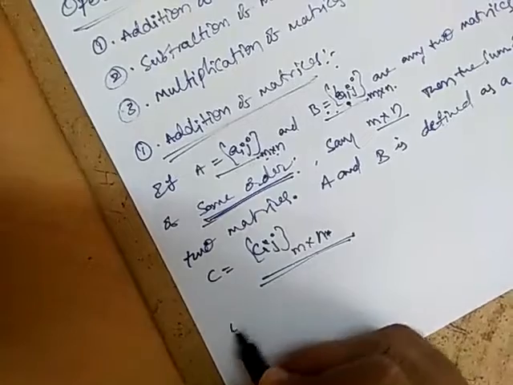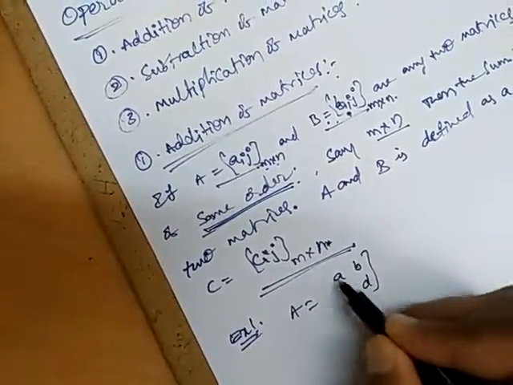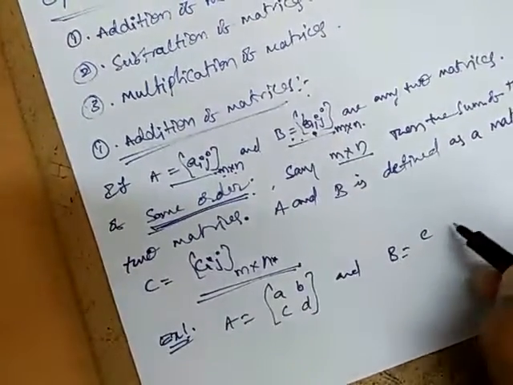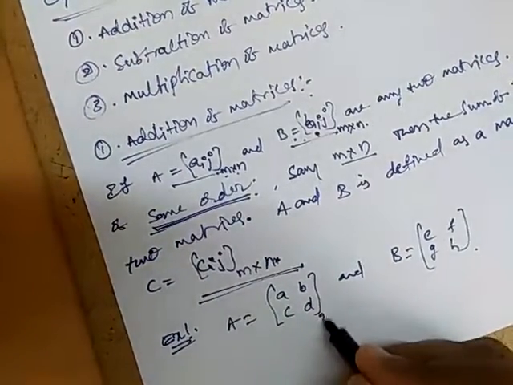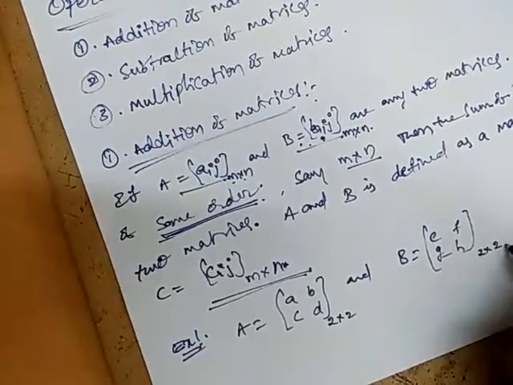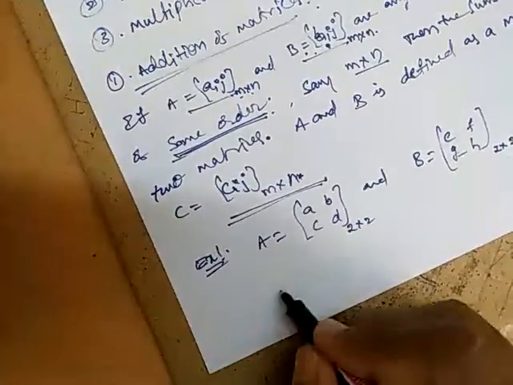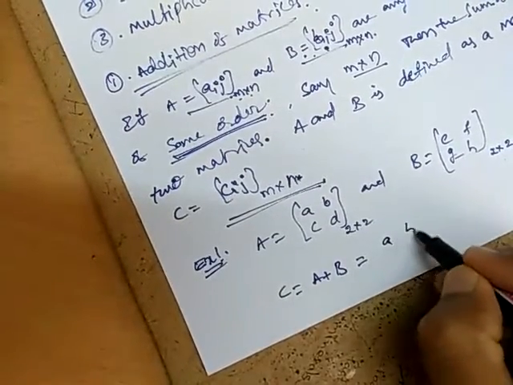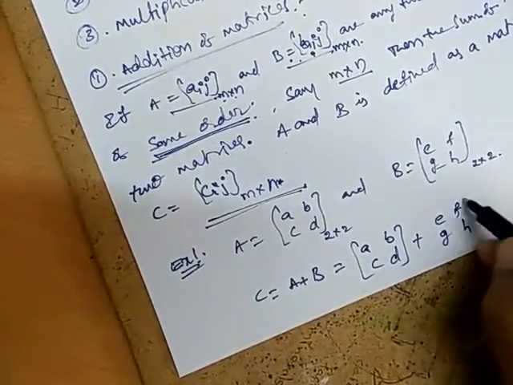Suppose I am taking, for example, A equals a, b, c, d. This is the matrix. And B equals e, f, g, h. So this matrix is of order 2 by 2, 2 rows and 2 columns. Here also 2 rows and 2 columns. Both matrices have the same order, so addition is possible. That is C equals A plus B, that equals a, b, c, d plus e, f, g, h.